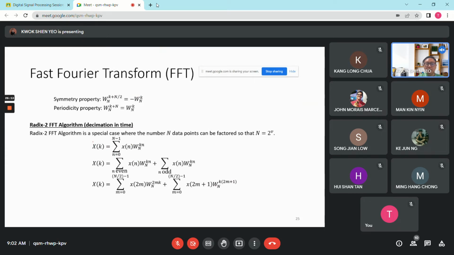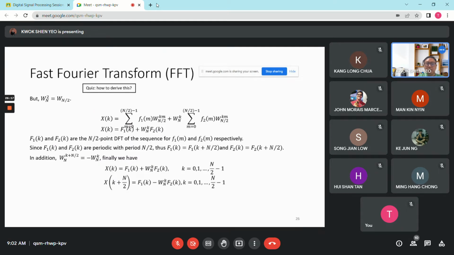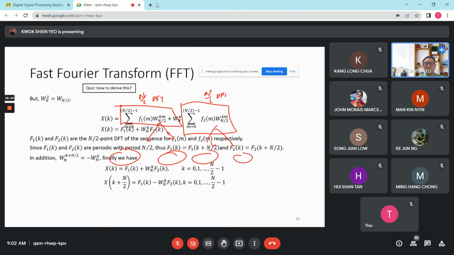Okay, so you have to first start off with this. Get the n over 2 DFT equations ready. So this is another n over 2 DFT equation. Then create another 2. So there you have 1, 2, 3, 4, right? Then you have 4 terms here.